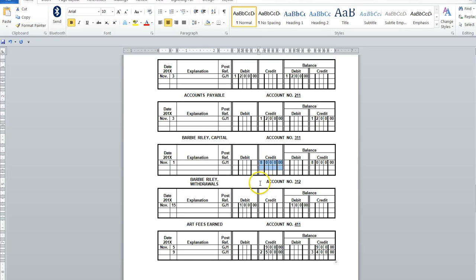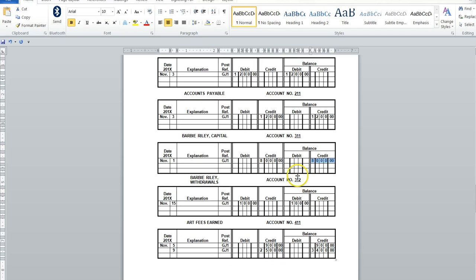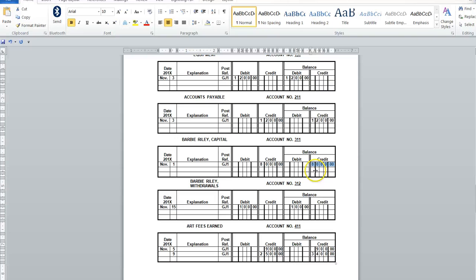It's like double work, guys, from going right into the T accounts. But this is the way it's done in practice. And then today, of course, once you save the entry, this whole posting process becomes automatic for you. But now you're seeing the effect that the entry has on the specific account.